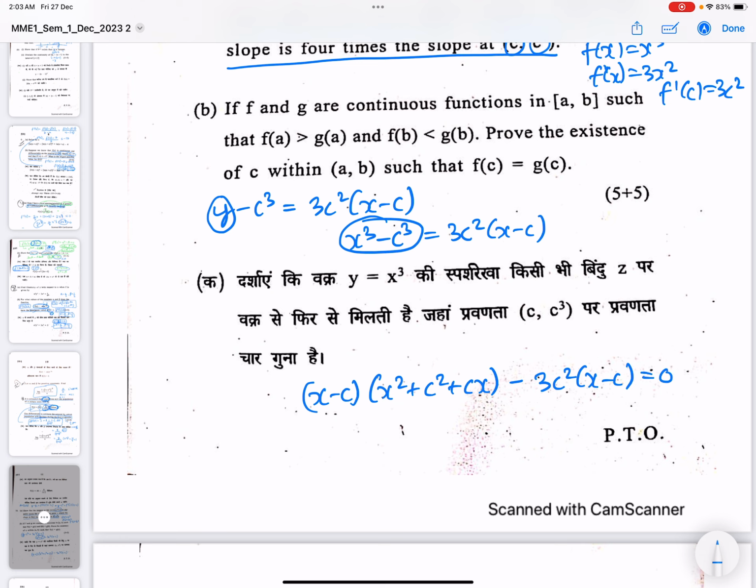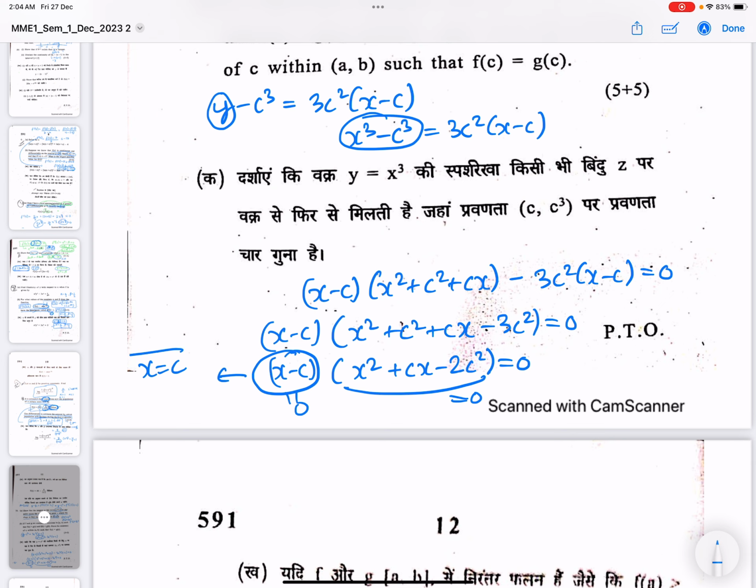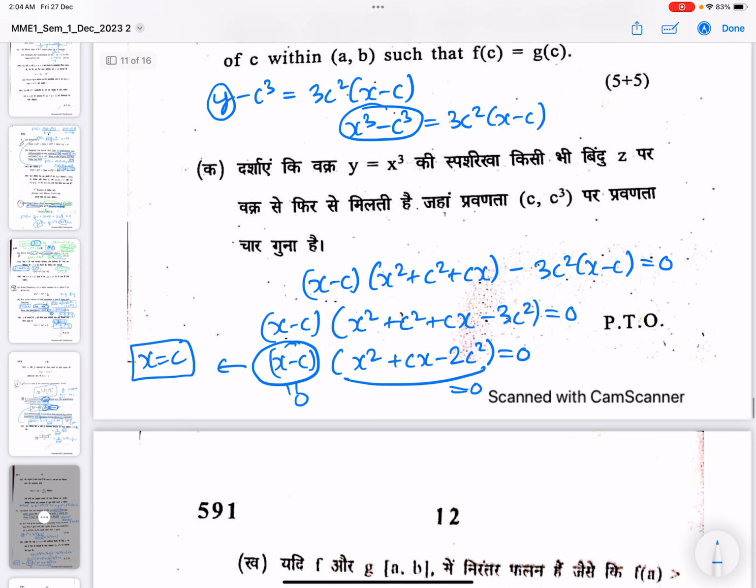Taking x minus c common, we have x square plus c square plus cx minus 3c square equals 0. So x minus c, then x square plus cx minus 2c square equals 0. So either this is 0 or this term is 0. This would be 0 when x equals c. So one of the points that we are getting is x equals c.